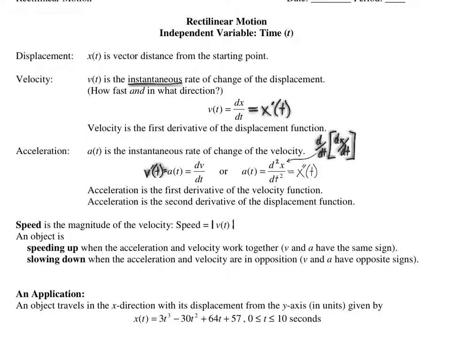Okay. So, in that event, if we were to draw this out, let's say that you are traveling this direction. And right here, you decide, I want to go the other way.